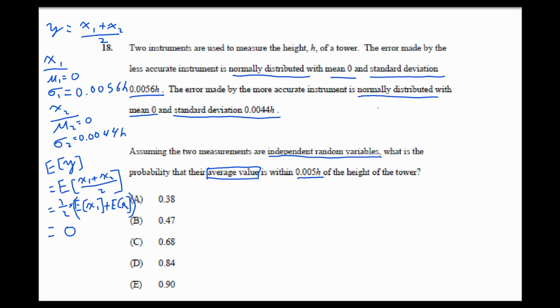Now, what about variances? To transform a standard deviation into a variance, you basically square the standard deviation. We're given the standard deviations of x1 and x2, but we want to find the standard deviation of y, right?